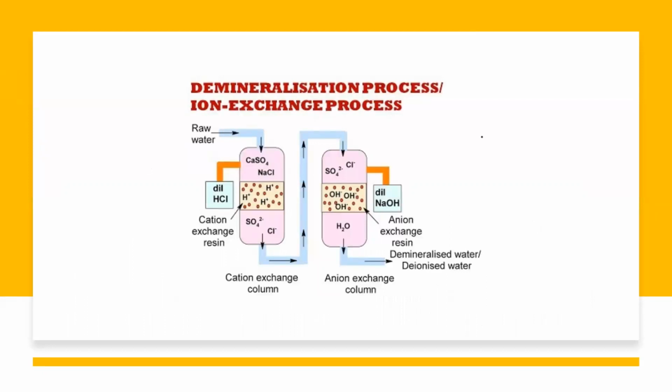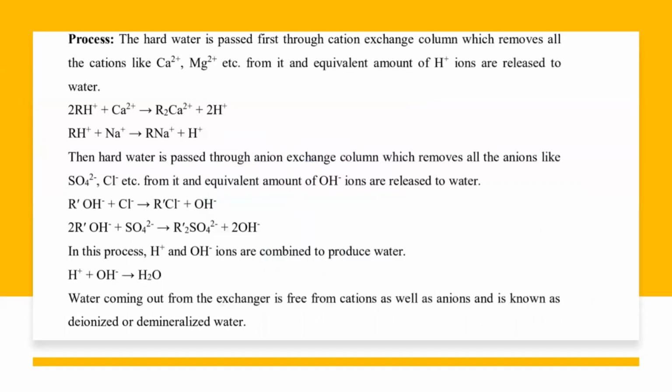The demineralization process, ion exchange process, you can just go through the diagram. And here is how the process takes place. Let me explain. First, the hard water is passed through the cation exchange resin.